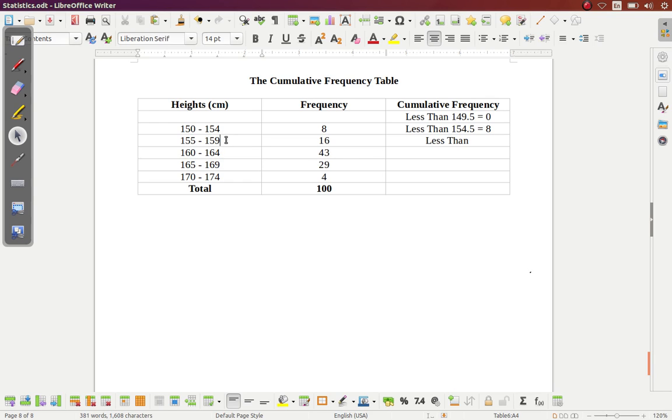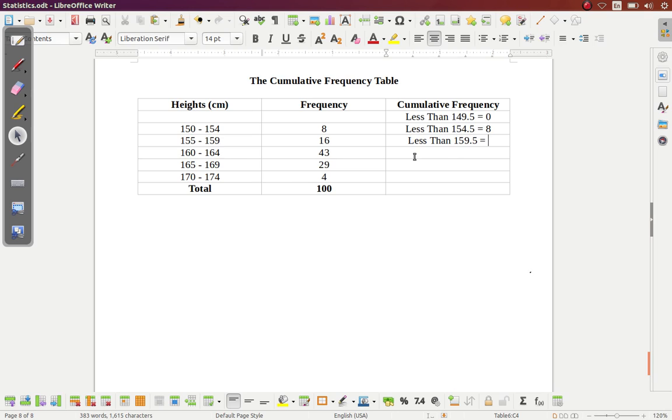So if somebody measured 159.49, you would say their height is 159. Less than 159.5 in height.